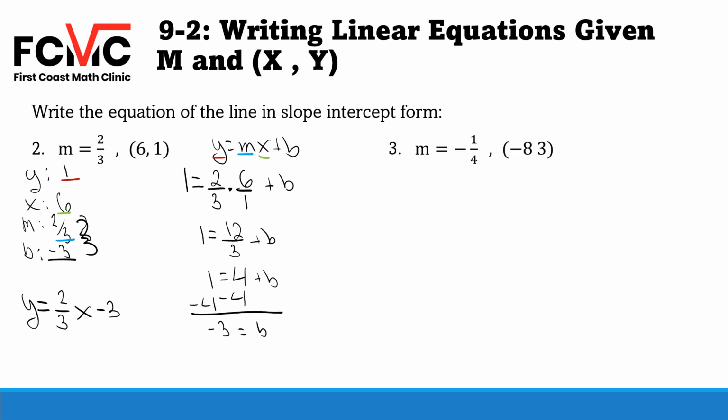Number 3, m is -1/4, and our point is (-8, 3). So y is 3, x is -8, m is -1/4, and b is our unknown.